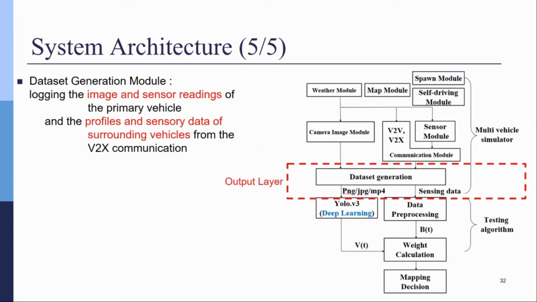The only module in the output layer is the dataset generation module, which logs the image and sensor readings of the main vehicle and records the profiles and sensory data of surrounding vehicles from the V2X communication. Finally, the dataset generation module will package this log data as the data sets.